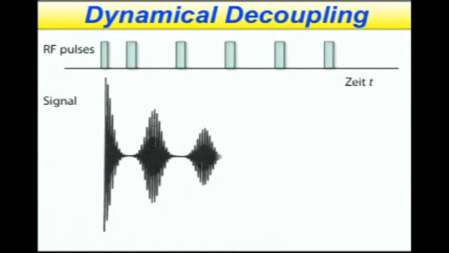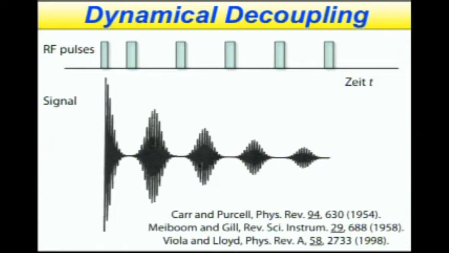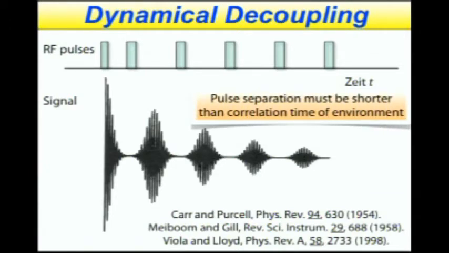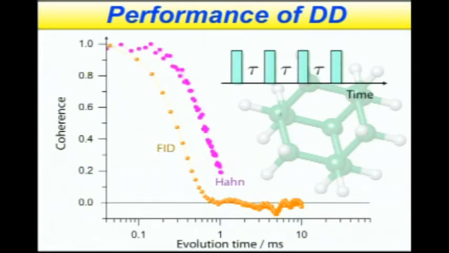And when you do that, you just can apply more than one pulse if you want to preserve it for a longer time. That was proposed by Carr and Purcell in 1954, and what you get is a series of spin echoes, or photon echoes, or whatever. And the important point is that the pulse separation must be shorter than the correlation time of the environment.